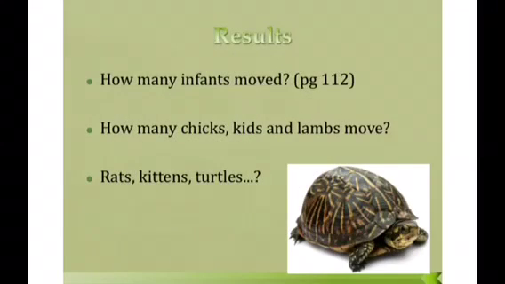So what were the results of Gibson and Walk's experiment? How many infants do you think moved across the deep side? How many of the baby animals moved? Well, you can have a look at the detailed findings on page 112 of your textbook. Essentially, 27 of the infant babies moved off the centre board.